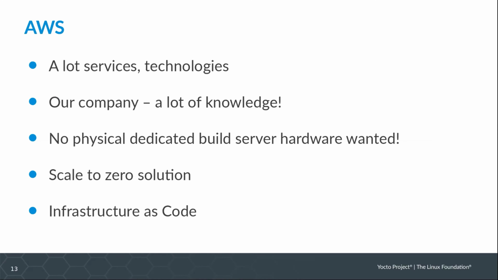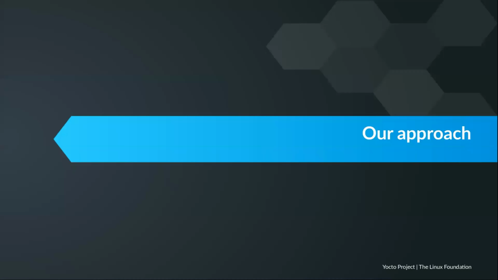We have enough cloud resources, and we want to have a scale to zero solution, so not running a build machine 24 hours during the week. Only if we do the tests, it should be run. And of course, use something like infrastructure as code, so that the setup is maintainable and reproducible. So what's our approach?